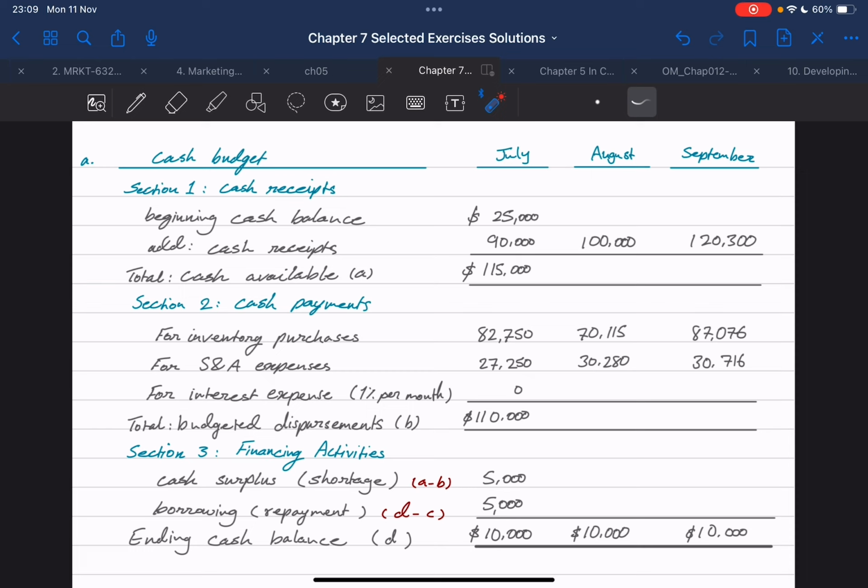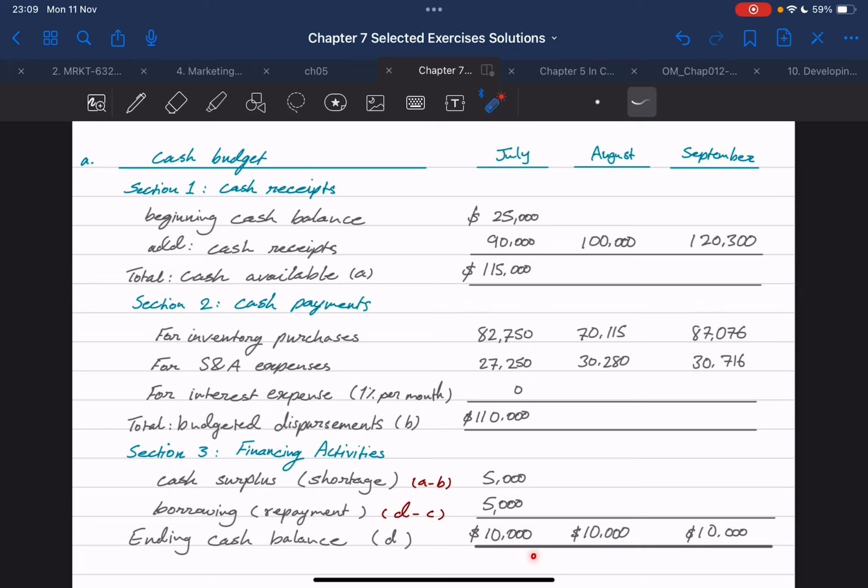Now we want to do the same for the month of August and September. Some of the figures are pretty easy to figure out. For example, the beginning cash balance here, which is missing, is going to be the closing or ending cash balance from the previous month.